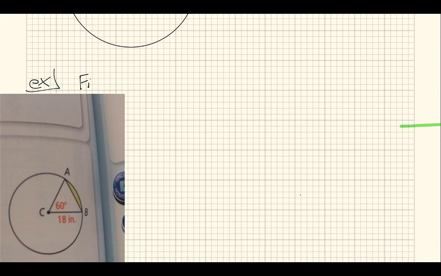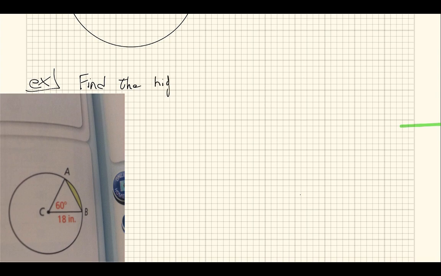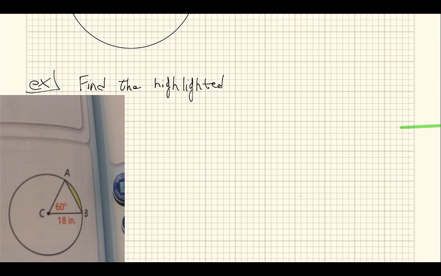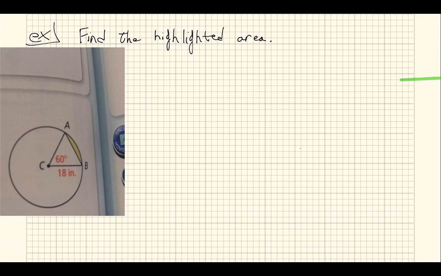Let's find the highlighted area. Again, take the sector, subtract the triangle, and let's see what we get.